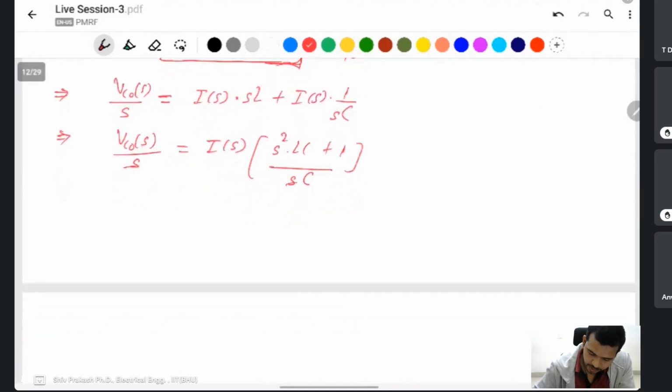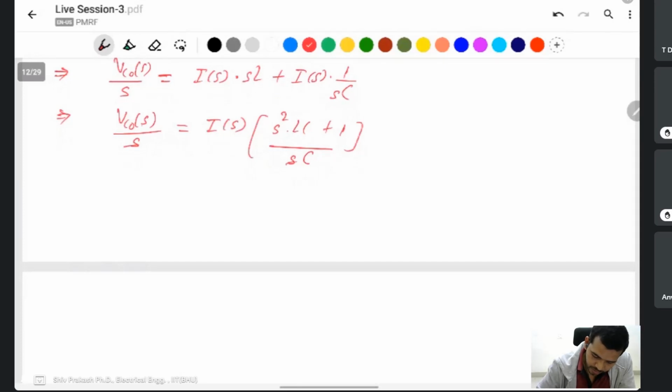The sC will cancel out, and we find the current I(s) equal to VC naught times C divided by s squared LC plus 1.